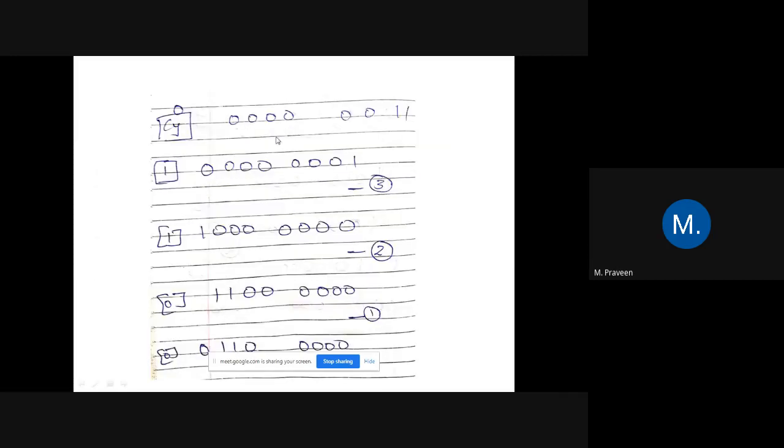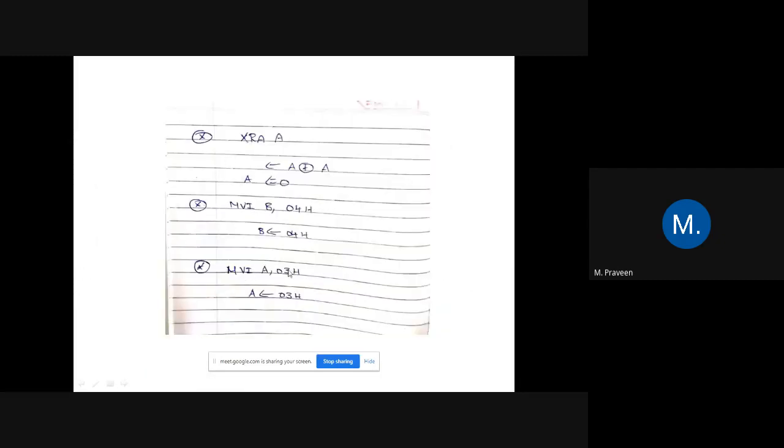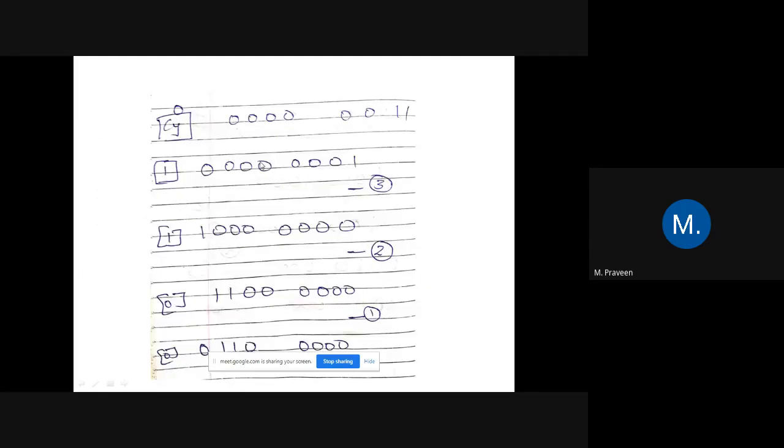Now we'll see the value. A value is 03. Refer to this instruction after MVI A, 03. A value is 03. The next instruction is RAR. Now we have to write the A value in binary. 0 is 0000 and 3 is 0011. Now assume the carry value as 0. Now we rotate this value right through carry.